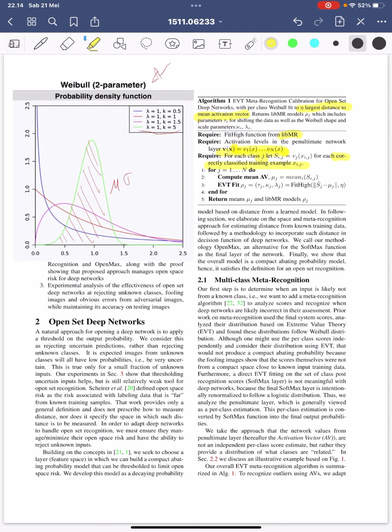After that, for all classes, we get the mean using the correctly classified factors, and then we fit using this mean and the correctly classified samples with the several largest distances to the mean activation factors, and then we can get the Weibull distribution. So each class has its own Weibull distribution.